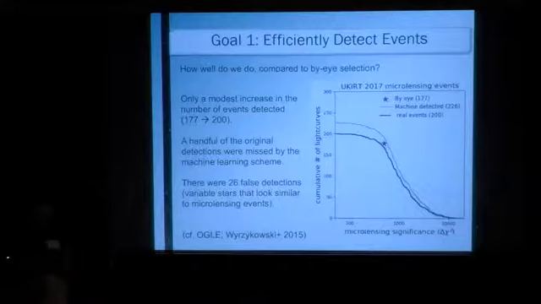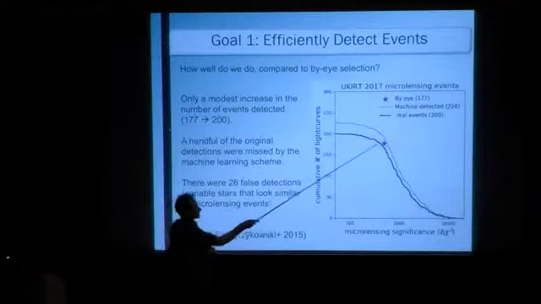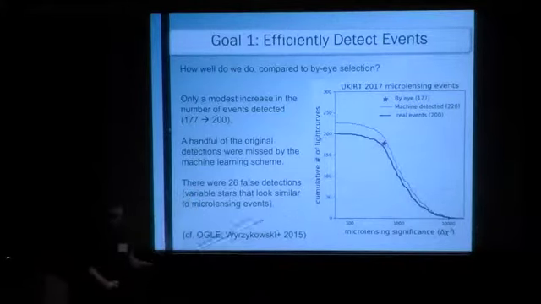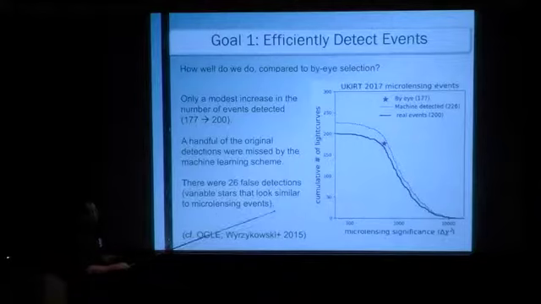Not great. As opposed to, back in Wukisch's paper, he was able to find 1,000 events that had not been detected by the early warning system. That's a little different, though, because he wasn't using the exact same data set. There are some caveats, but still, it was a little disappointing. Meanwhile, we miss a few events, so we're a little below the curve. That's expected, of course. It's not going to be perfect.